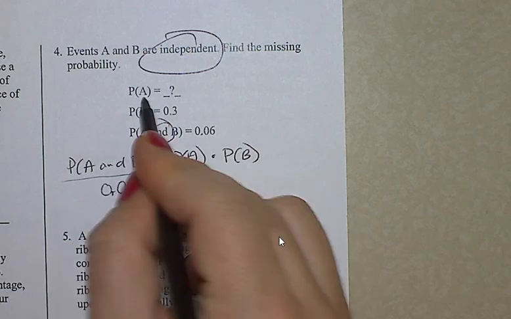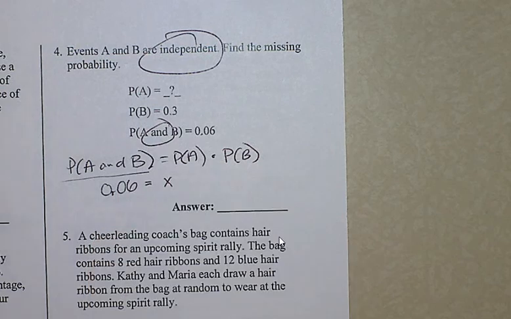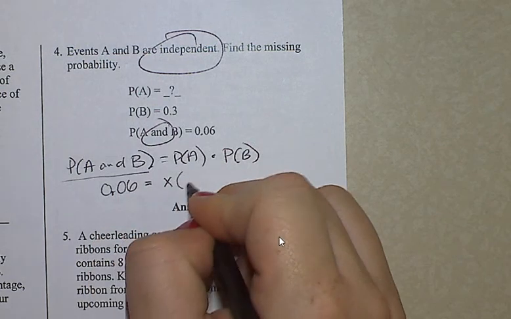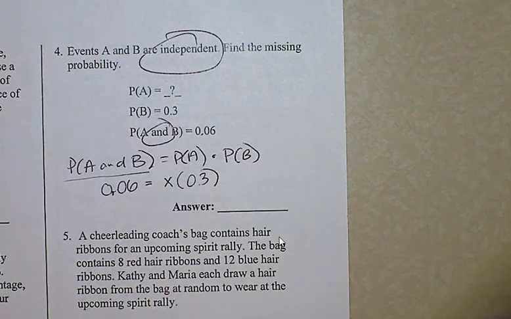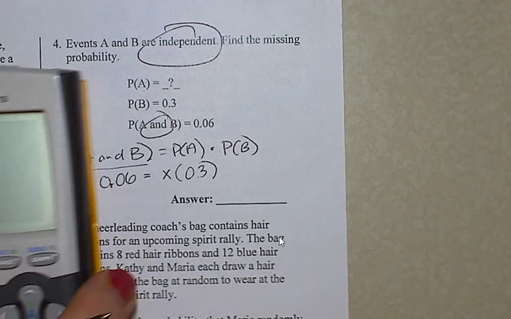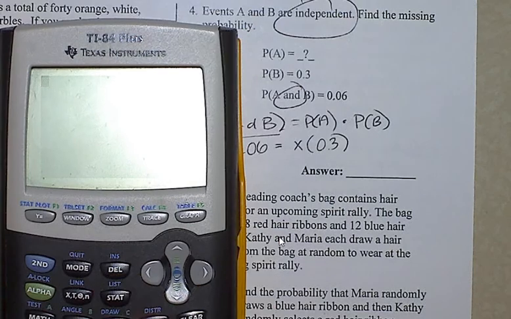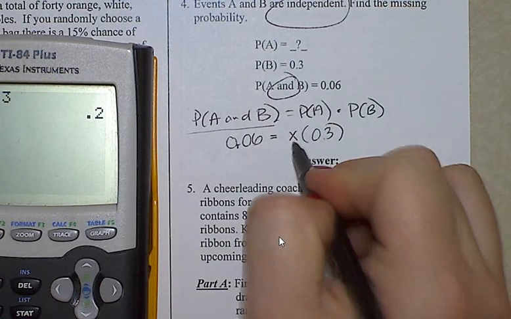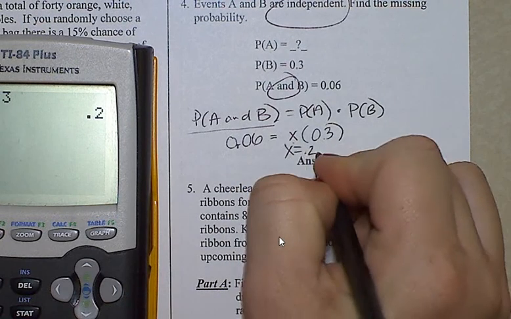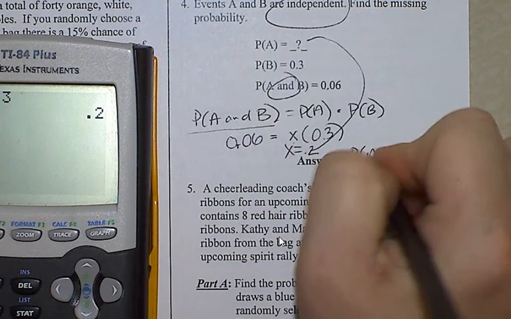We don't know P of A, so I'm going to put an X, and we know P of B is 0.3. To isolate the X, I'm going to divide both sides by 0.3. And I can see that X is equal to 0.2, which is P of A equals 0.2.